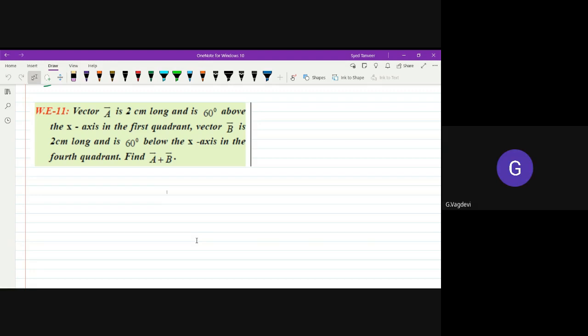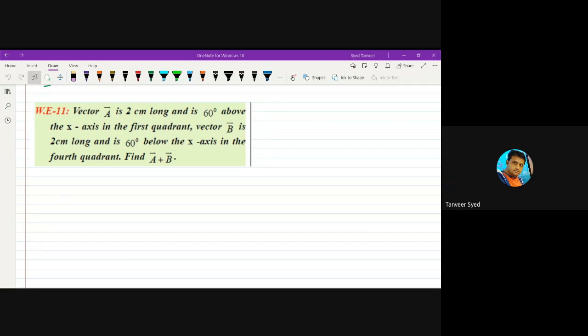Sir, A bar plus B bar equals 2 i cap. Yes, right. It is correct.